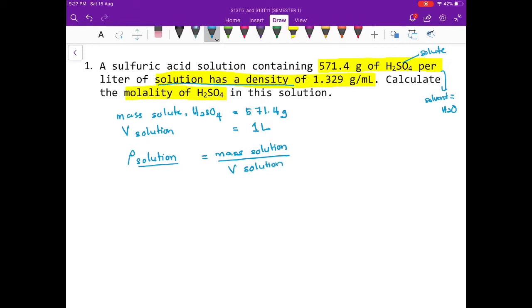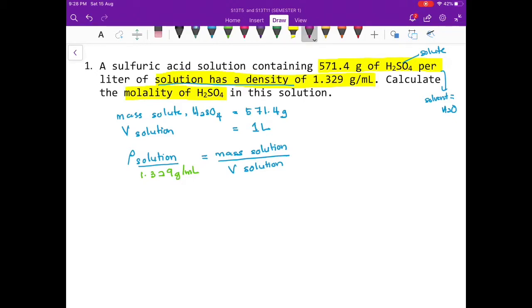Previously we always said that density is equal to mass over volume. Now we elaborate: mass of solution and volume of solution. We already have the density value, which is 1.329 gram per ml.